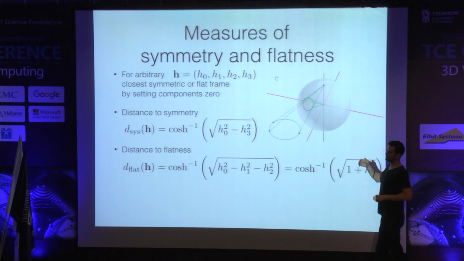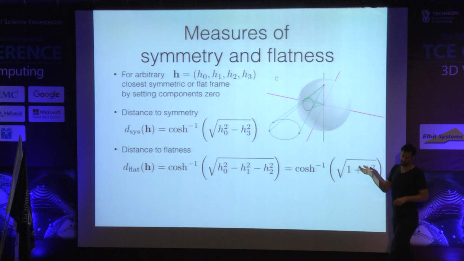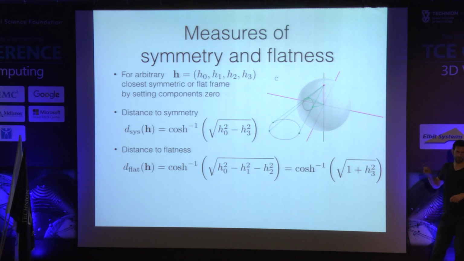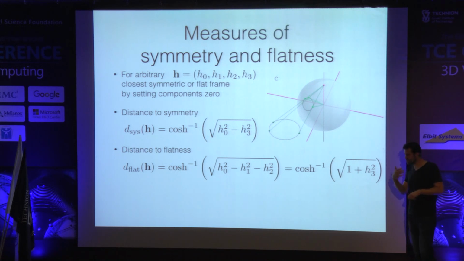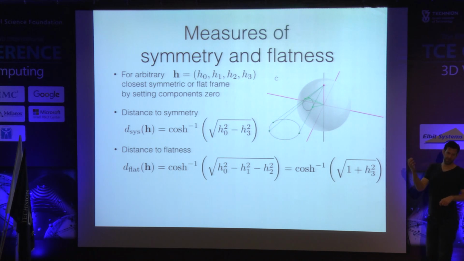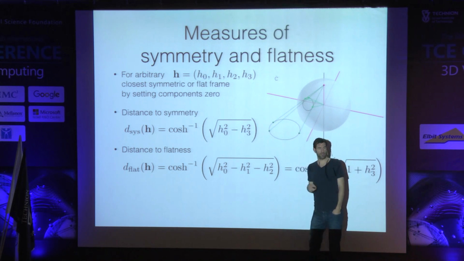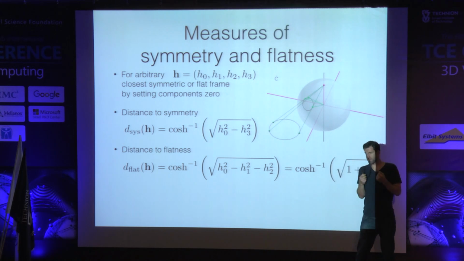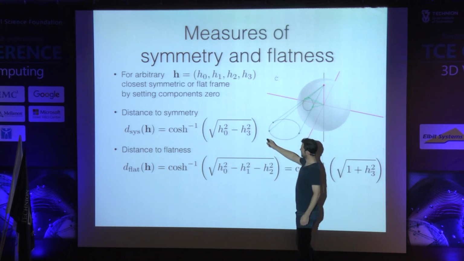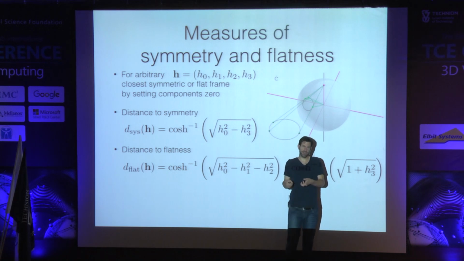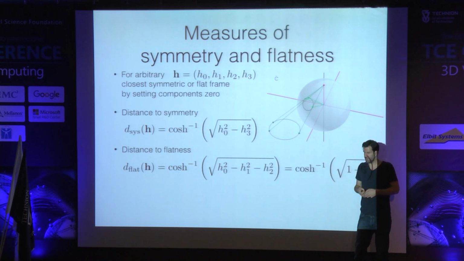And likewise, you can project onto the closest symmetric frame by zeroing H1 and H2. This is kind of cool for us in graphics because we use these orthogonal projections onto frames quite often. And that also means you can directly measure distance to symmetry. So you can come up with a measure for symmetry, and it looks like this. Basically, it's measuring the distance to the closest symmetric frame.